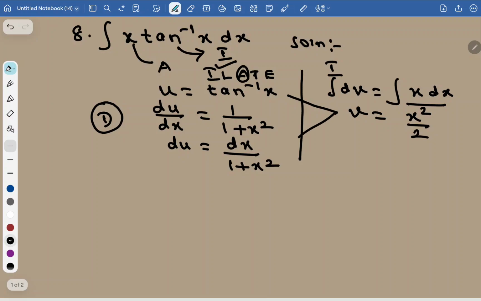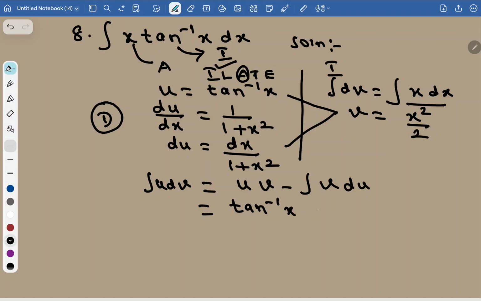Formula is uv minus integral v du. This is the formula for integration by parts. LHS we know is u dv. Write u and v: tan inverse of x into x square by 2 minus integral v, x square by 2, du, dx by 1 plus x square.